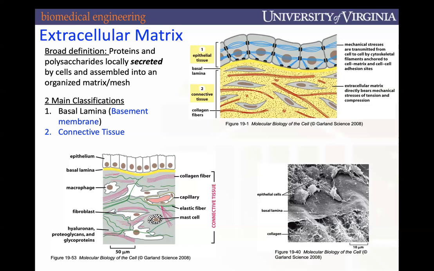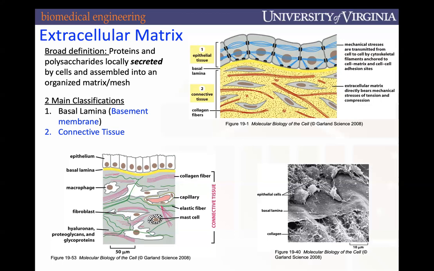When you look at the basement membrane versus connective tissue, you can appreciate there's a different ratio of cells to extracellular matrix, or another way to call the extracellular matrix, the ECM. With basement membrane, there are a lot of cells in a very thin sheet of ECM.